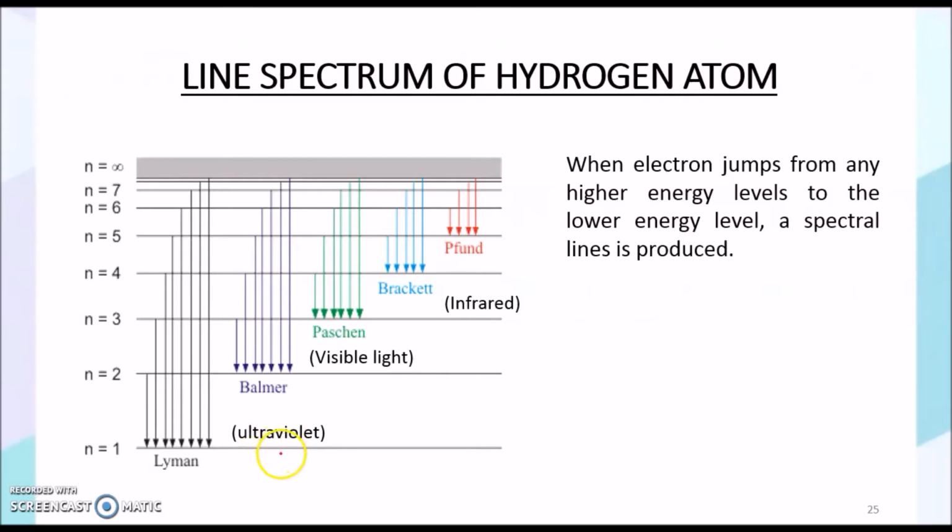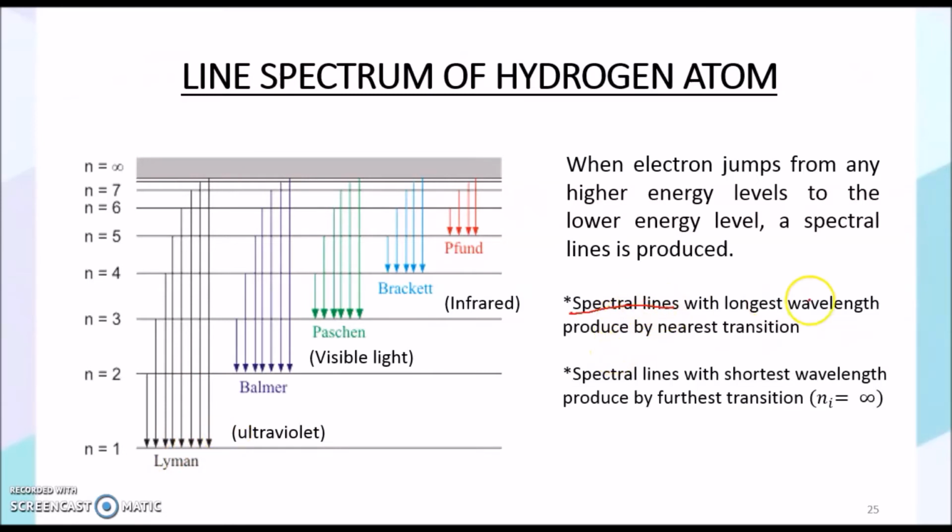Bila energy is released or the photon is emitted, they will also produce some lights. For example, we have ultraviolet light for Lyman series, visible light for Balmer series, and also infrared for Paschen series. Untuk dapatkan ultraviolet light is the transition from any higher level to n equal to 1.